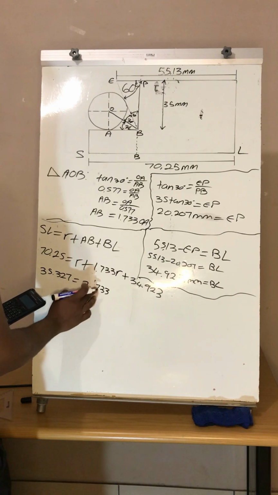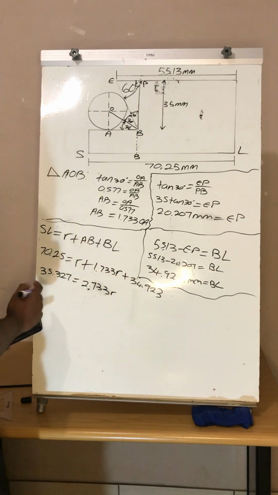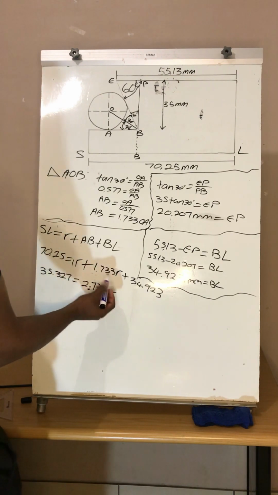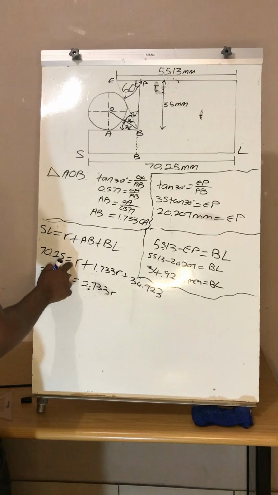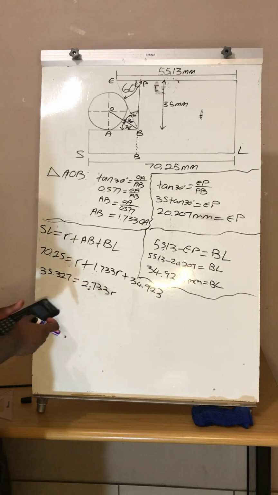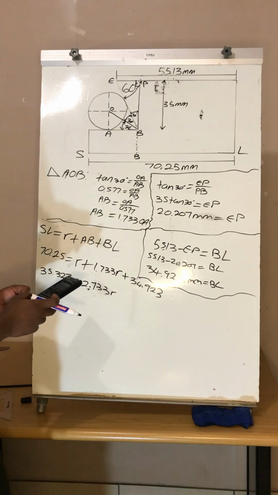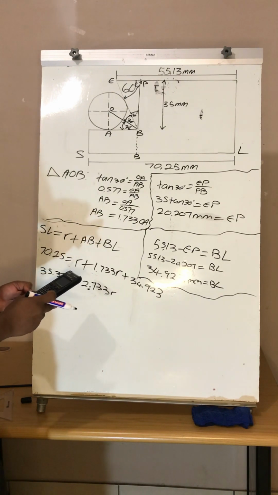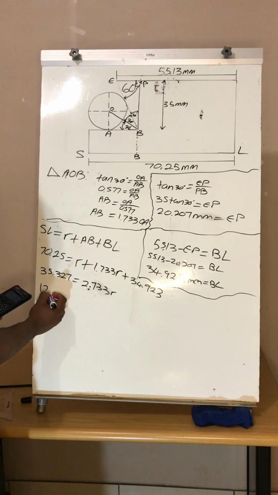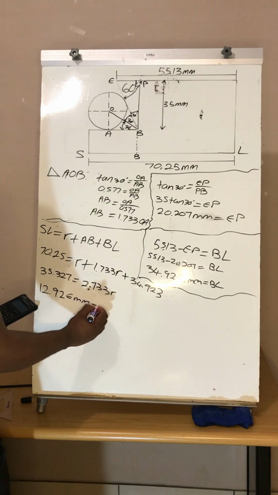The reason why we say 2.733 R is that it is the radius term plus 1.733 times the radius, which gives us 2.733 R. So having this, we will divide 35.327 by 2.733, which will give us 12.926 millimeters as our radius.